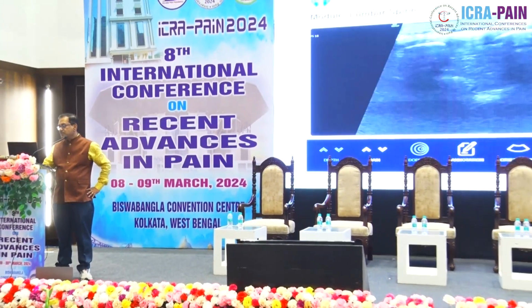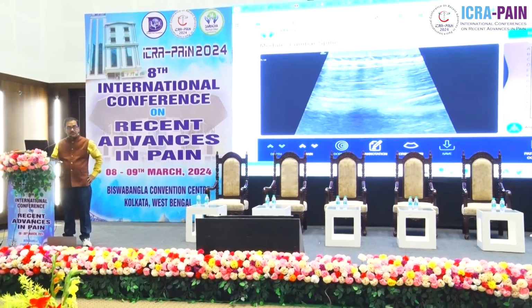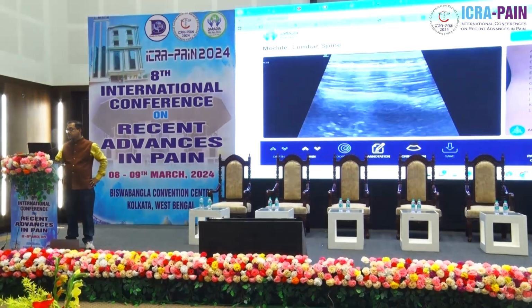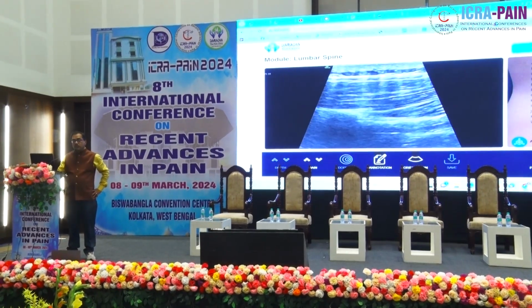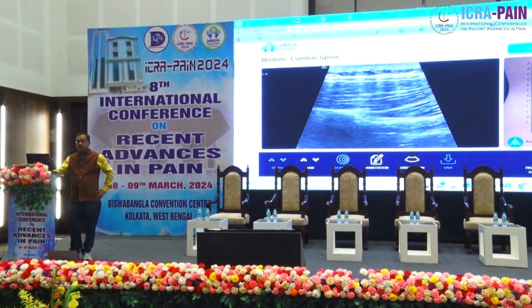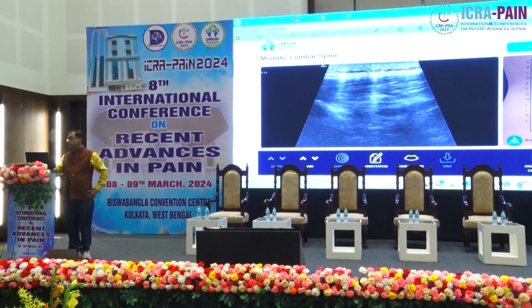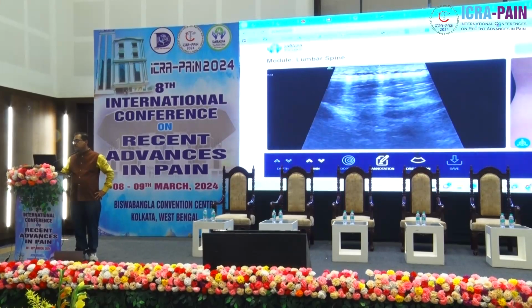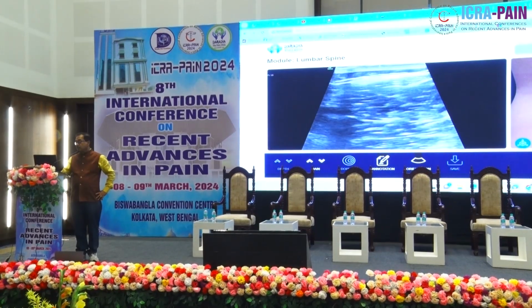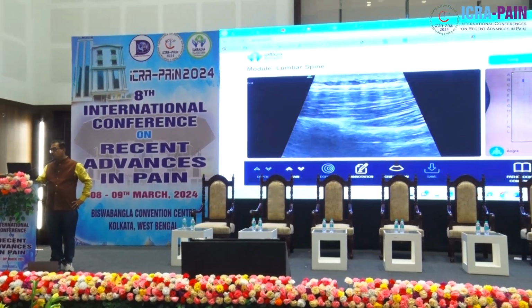As soon as I am moving it over the back, so this is the model, and if I am moving it, you see this is now long axis, and my cursor is oriented vertically. So the cursor is now converted into a transducer, and it is vertical. If I wish to do it in the short axis, I can change it to the short axis, then the cursor will be oriented in the short axis. So this is your long axis.